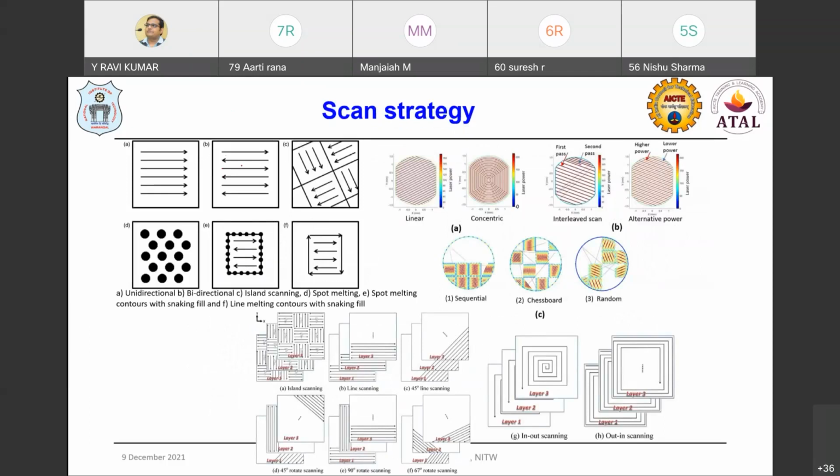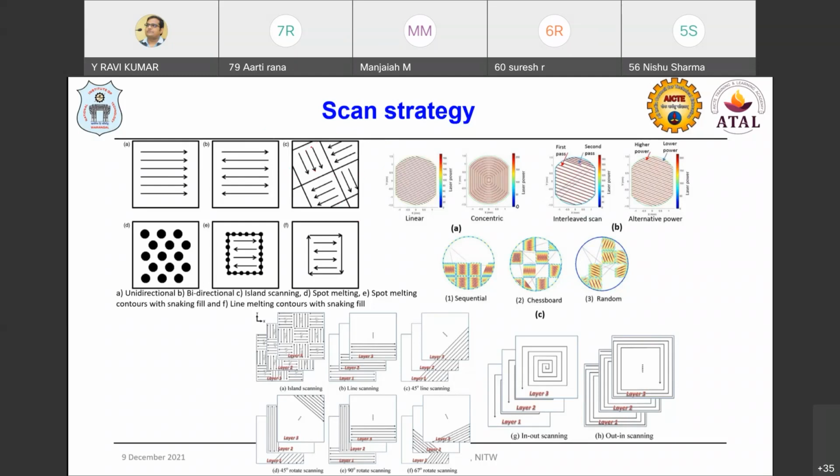The other issue with metal AM processes is the scan strategy. As we discussed a number of process parameters, scan strategy is one of the major issues when you are making the materials, because if you are using a linear or bidirectional strategy, the material may have many residual stresses. To minimize the residual stresses, we can go with a chessboard or island strategy, or any other kind of hatching strategy that will minimize the residual stresses and also determine how efficiently the part can be manufactured.